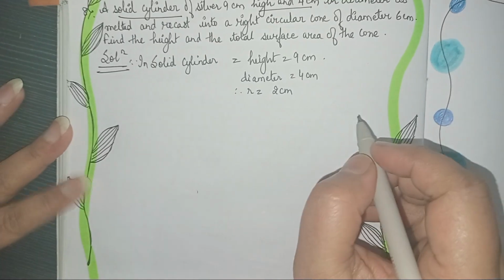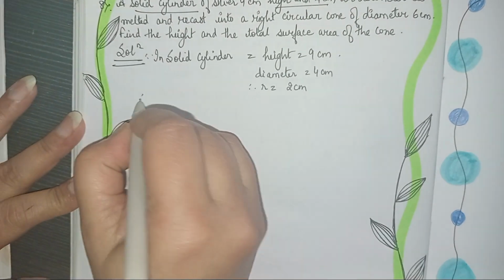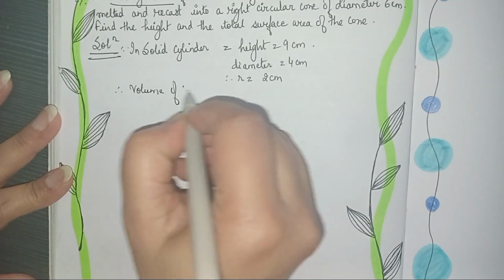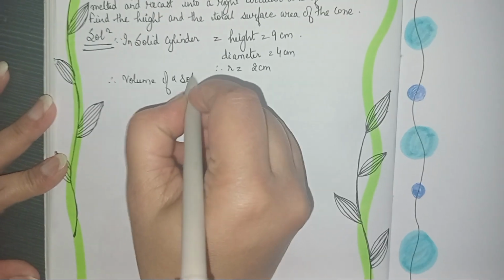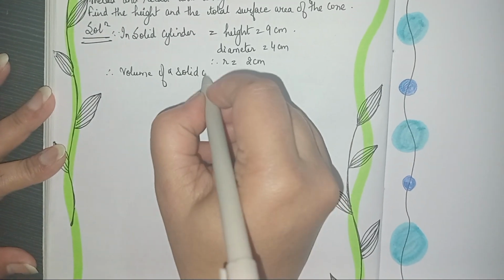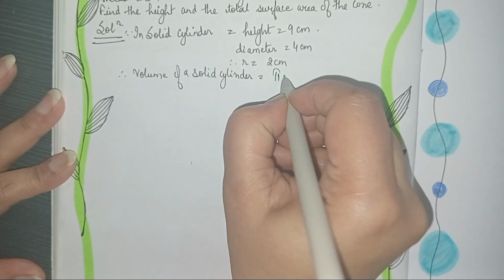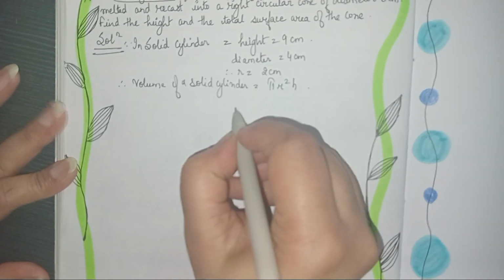Okay, and then we'll find the volume. Therefore volume of a solid cylinder is equal to pi r square h.